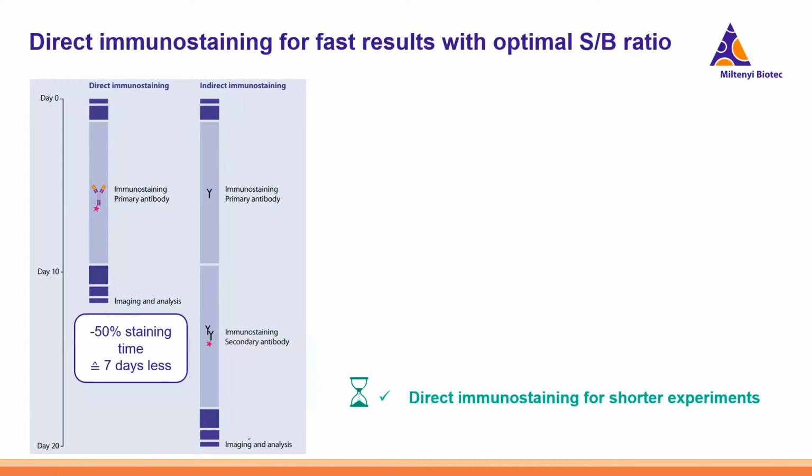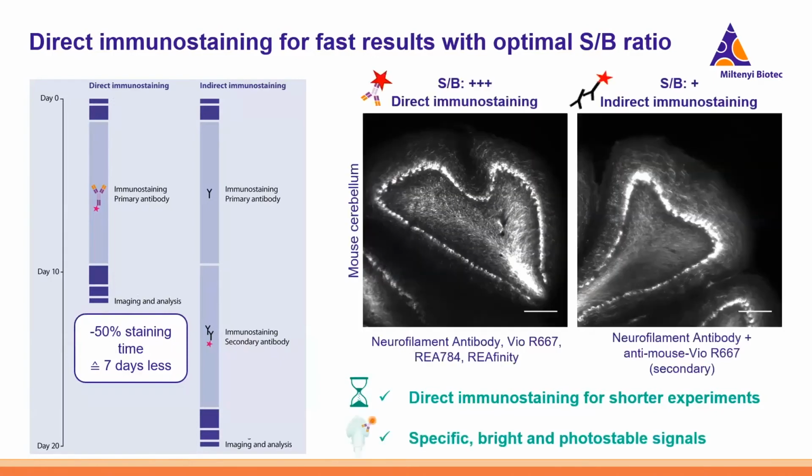Of course, if you use a direct immunostaining approach, you need to make sure that the signal you obtain is also good enough. And this is shown here in this exemplary experiment. So what we did here is we used a mouse cerebellum and we stained it either with a fluorochrome conjugated antibody in a direct immunostaining approach, or we used a secondary antibody in an indirect immunostaining approach.